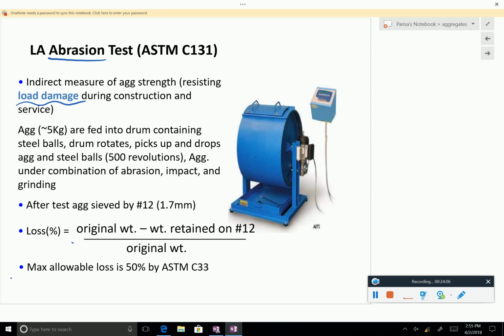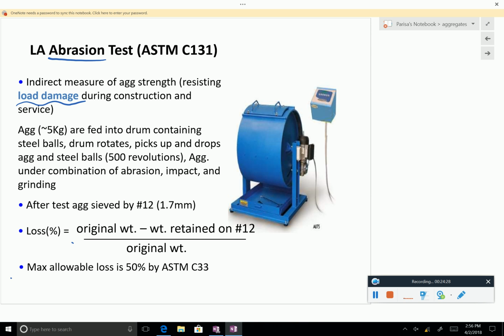Before, you measure the retained weight on a certain sieve, and afterwards you measure the retained weight on the same sieve, because we want to see how much of the aggregate is now going through the sieve. We want to see how much is actually crushed.